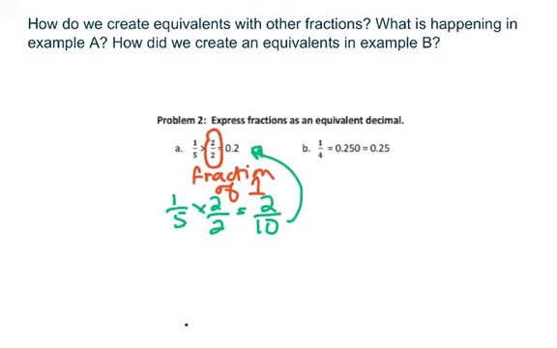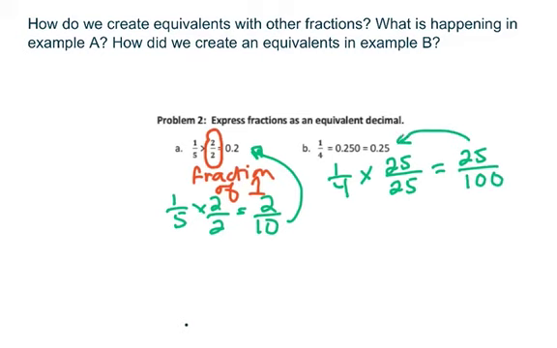Now in B, how did we create equivalence? If you notice, 1/4, what did we multiply by? Well, 1/4 times 25 over 25 would yield 25 over 100. That's where we get 25 hundredths.